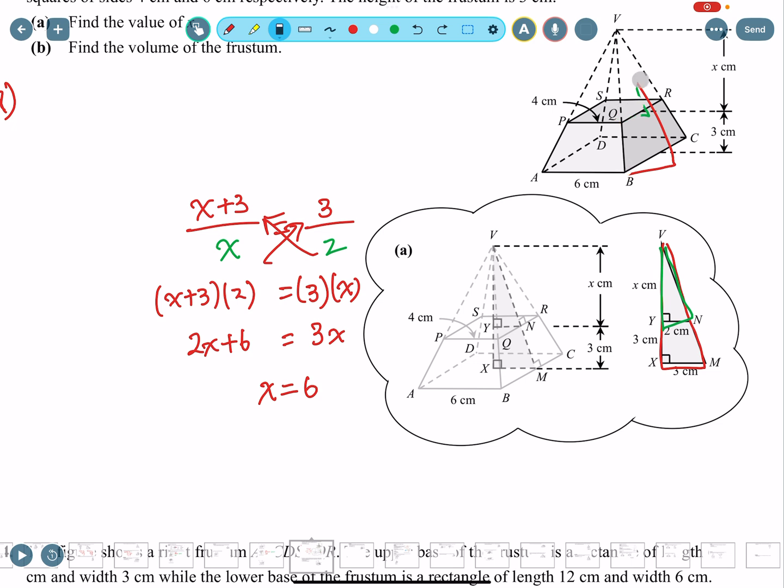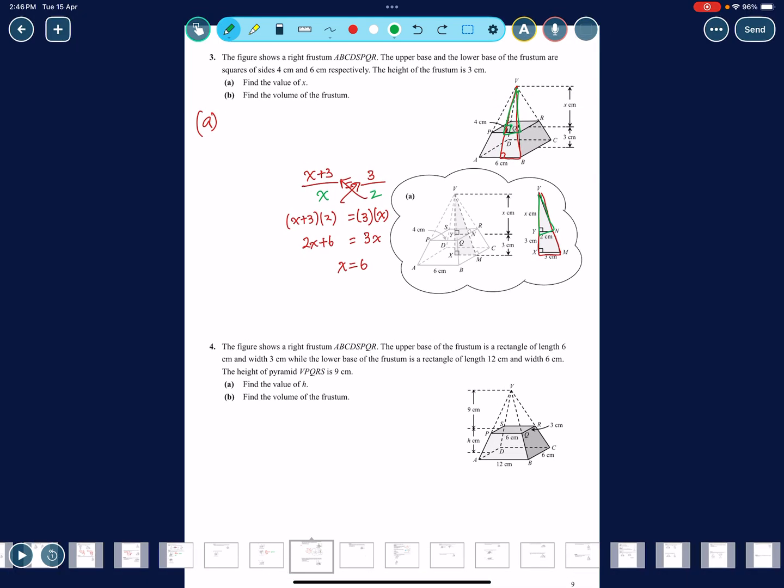Now, why is it 3 and not 6, right? Okay, you could be asking that. So let's say the triangle looks like this. That's how the triangle is made. So you can put 3, this is 3, half of 6, and then this is 2, half of 4. 3 divided by 2, and just solve x.